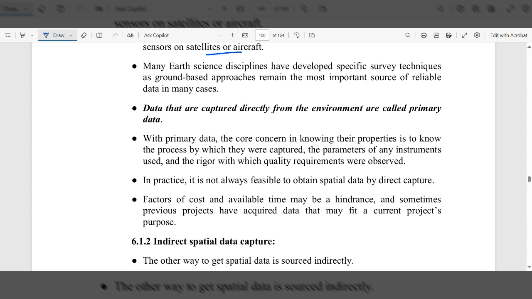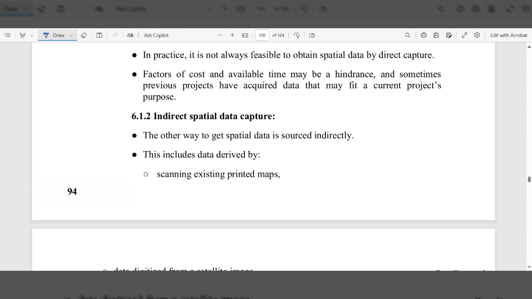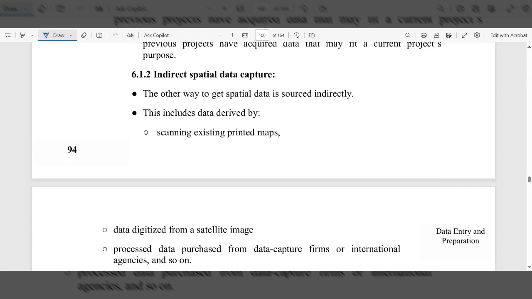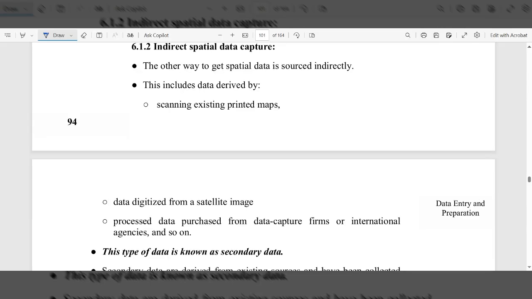But one more technique is indirect spatial data capture, right? In indirect data capture, scanning existing printed maps can be used. You can use data digitized from satellite images or process data purchased from data capture fields or international agencies. So you can use a third party for data capture.